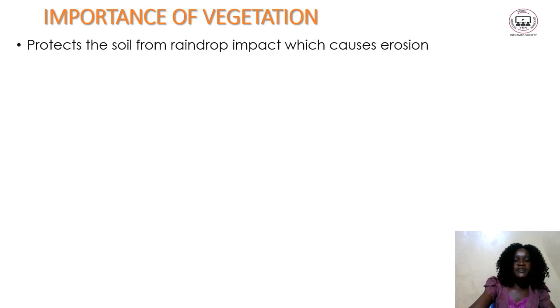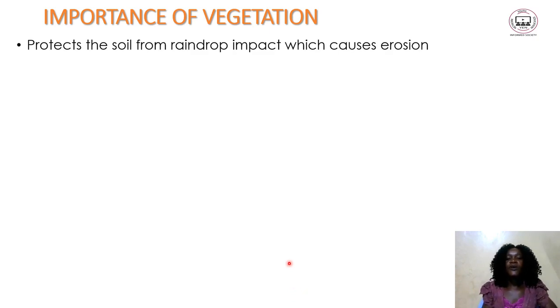How will this vegetation protect the soil from raindrop impacts? As we know, vegetation has leaves as well as stems. So as the rain comes, first of all, the raindrops will be hitting the leaves, the stems, as well as the branches before those drops reach the soil.